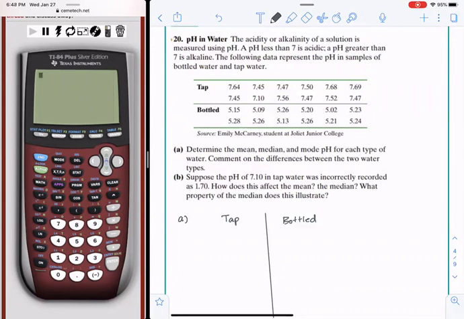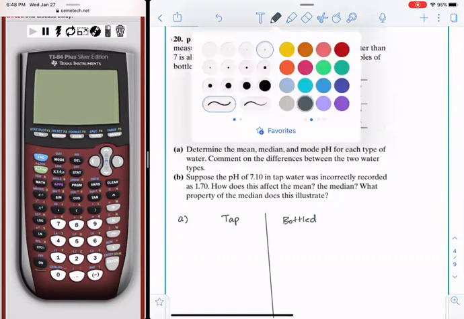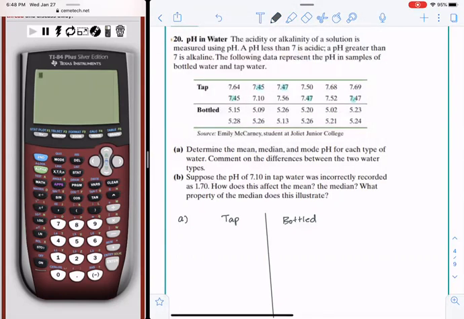So I see 7.45 twice, but 7.47 repeats 3 times. So the most frequent observation is 7.47 for tap water. So the mode is 7.47.